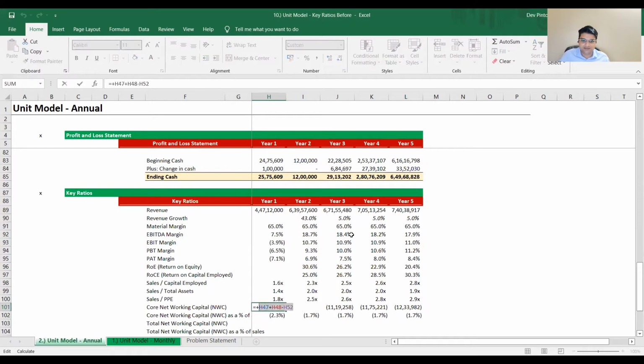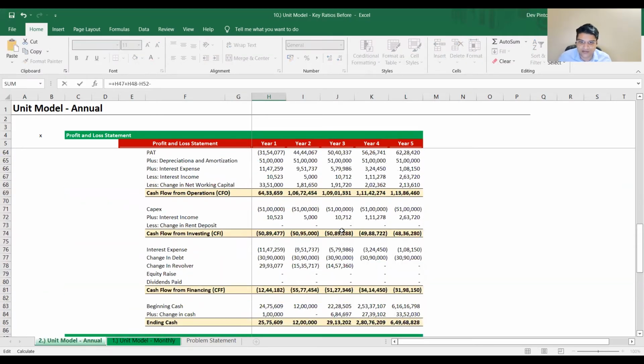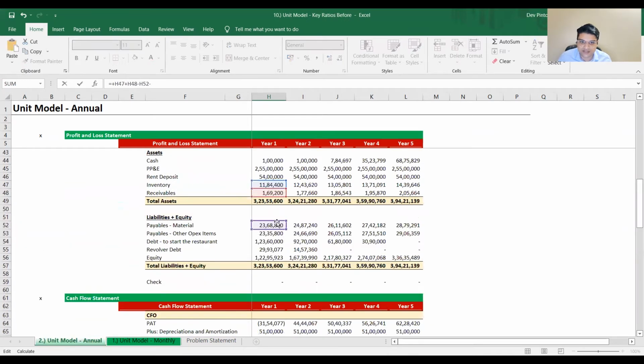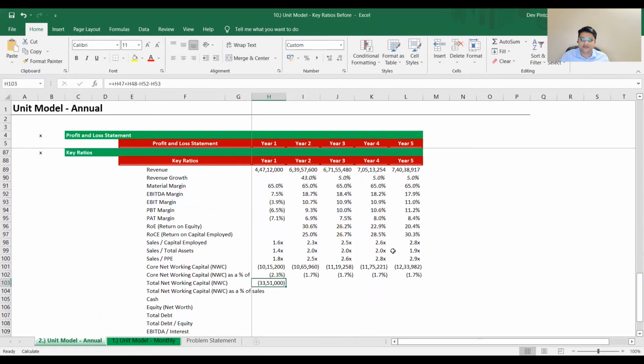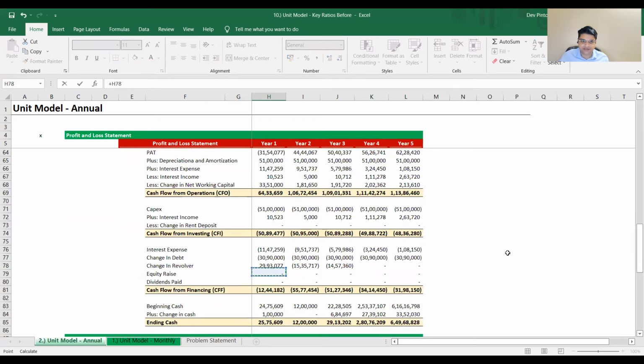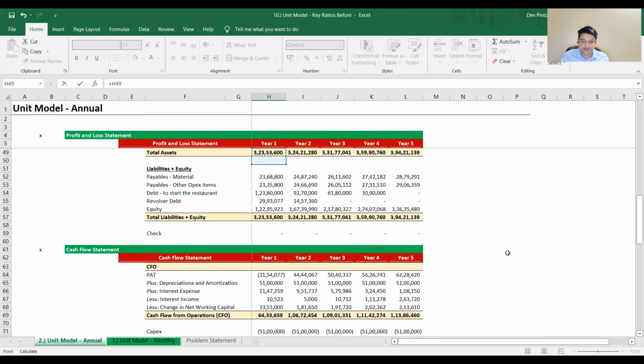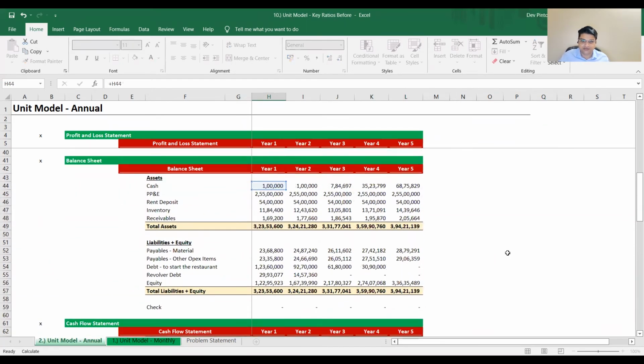Next is total NWC. So what additions would I make? It would be this plus this, minus this, right? Minus other OPEX items. This is computed as a percentage of sales. Next is cash, right? So how much cash you have on the balance sheet.